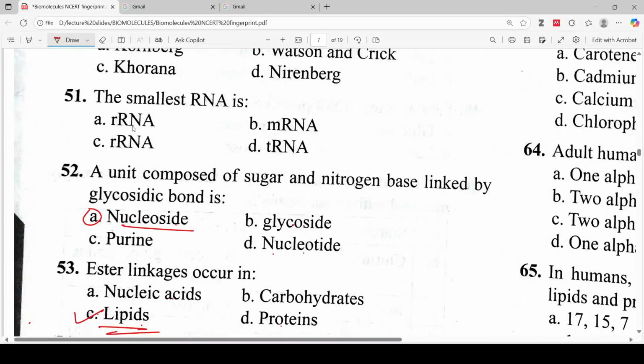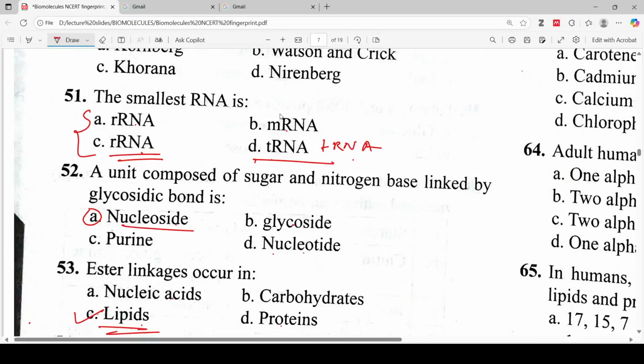Smallest RNA: rRNA, rRNA, mRNA, tRNA. The options are the same, but the correct answer for this question will be option D. tRNA is the smallest RNA.